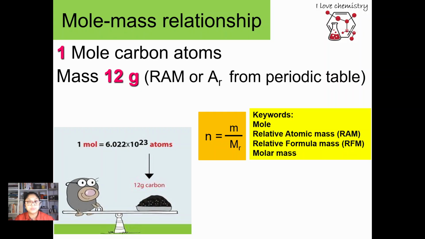We also learned the equation for converting mole to mass, which is n (moles) equals m (mass) over Mr, which is relative formula mass. We rearrange the equation to calculate the unknown. If you're not sure of these, please click on the previous videos in this playlist.